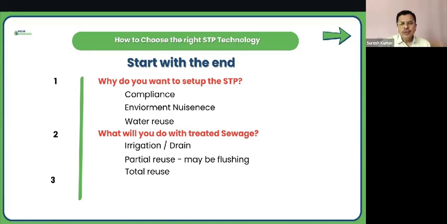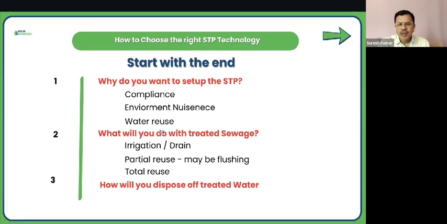Now based on this, you will decide on the STP equipment. So you need to know not only equipment, even technology. Let us say you want to reuse the water 100%. Then you would go for a more expensive process like MBR coupled with RO or electro ionization, some different technology. So technology is based on your reuse pattern, right?